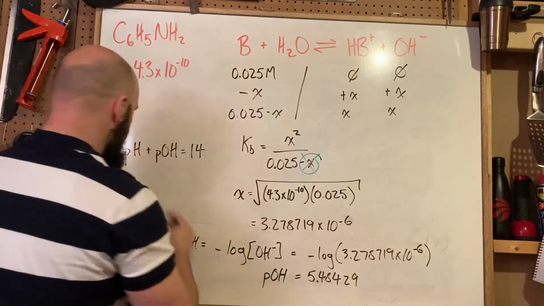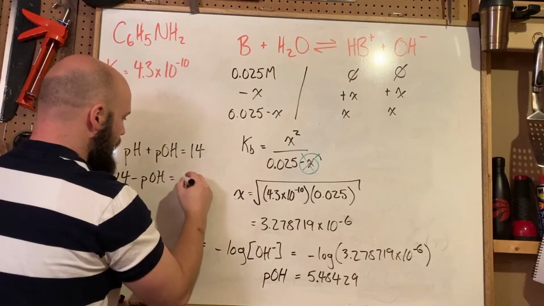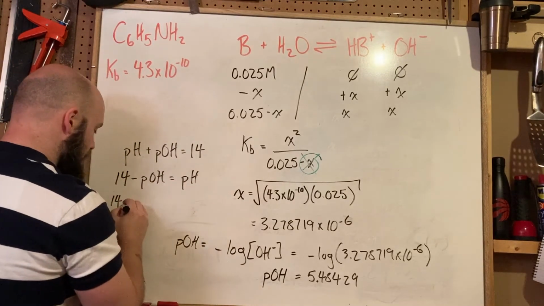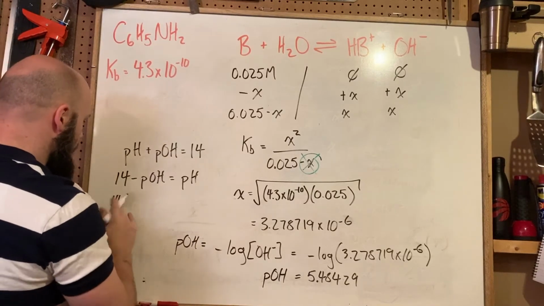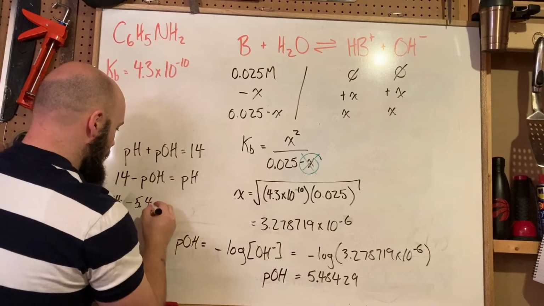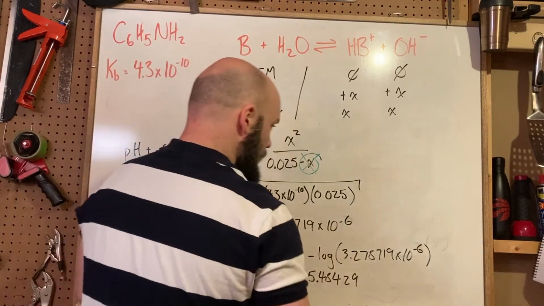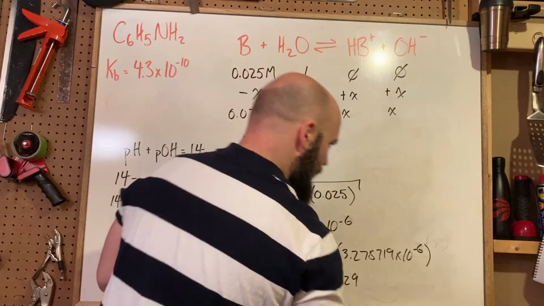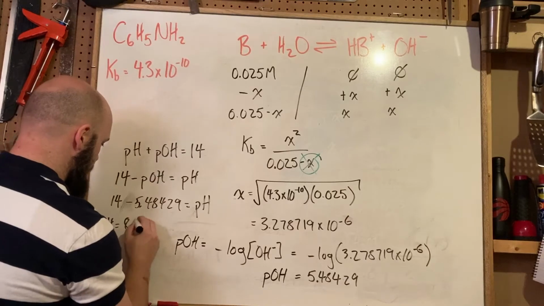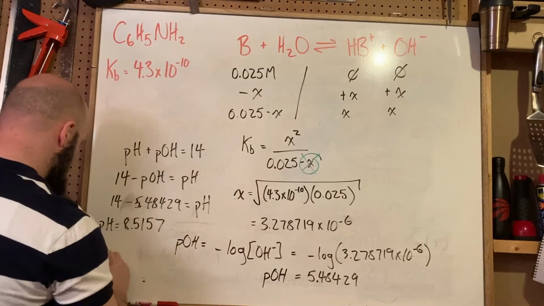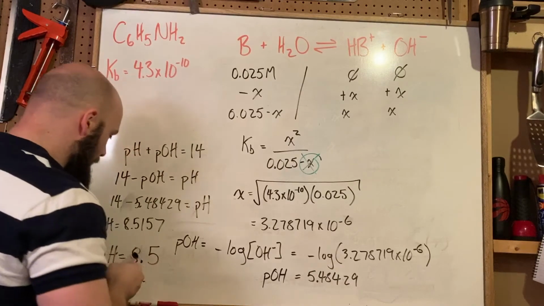And we can plug that into the formula here and go 14 minus the pOH equals the pH. 14 minus 5.48429 equals your pH, which in this case is 8.5157, which to the proper significant figures is 8.5.